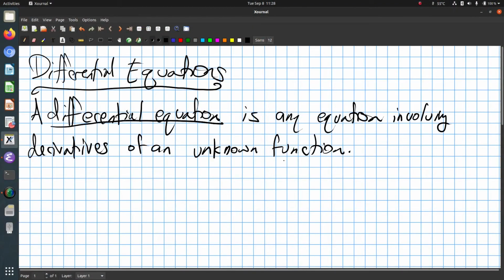A differential equation is any equation involving derivatives of some unknown function. The solution to a differential equation is a choice of function that satisfies the equation, makes it true.